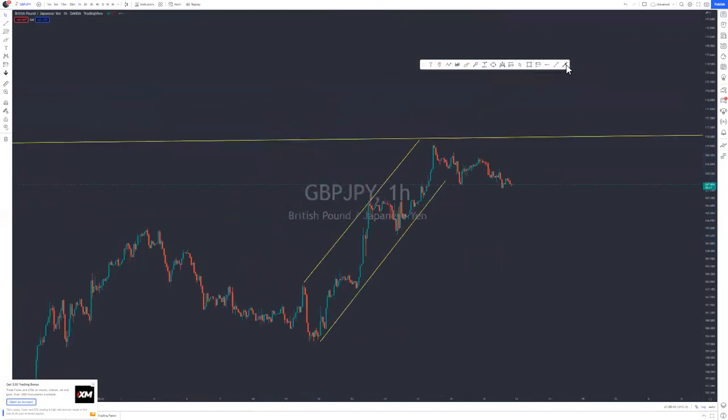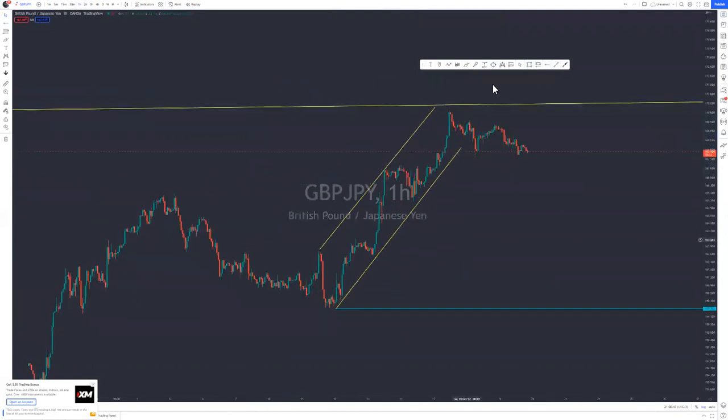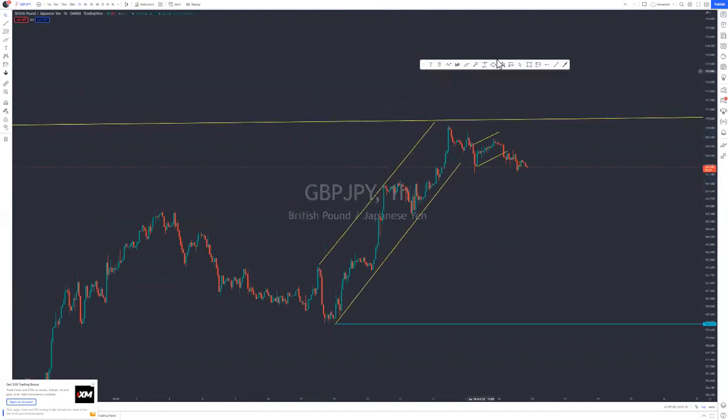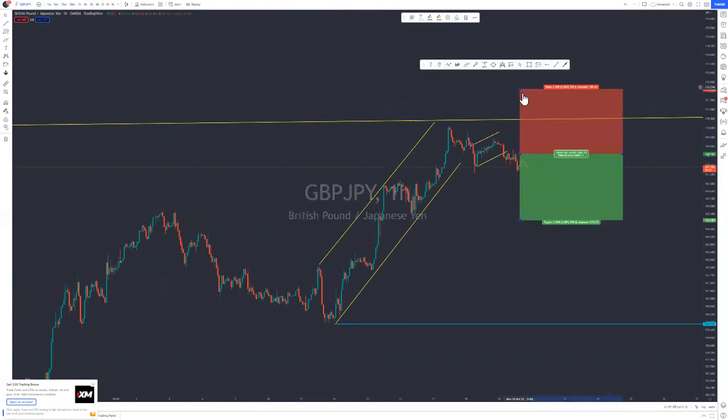So guys, GBPJPY, according to the way I see it, I think it's about to drop. You could see here it has already formed patterns, and there's a break of those patterns. So without fear or favor, guys, I could say let's sell GBPJPY. Tight stop loss has to be on that line there, and then the target profit has to be here.